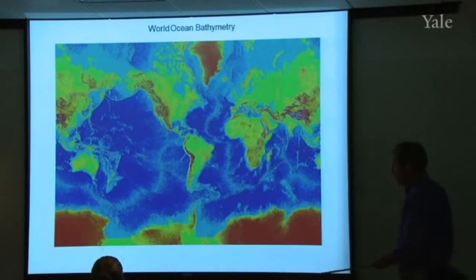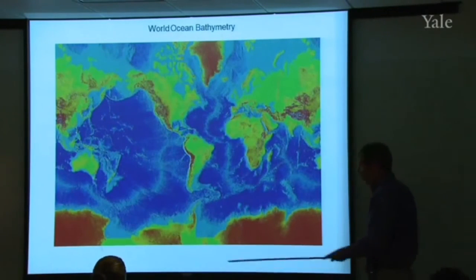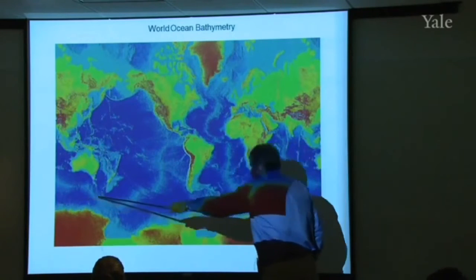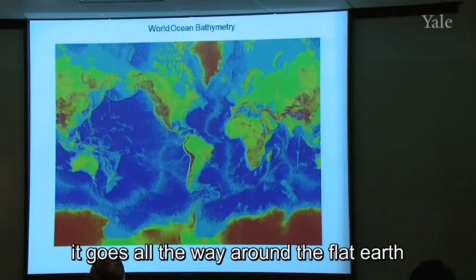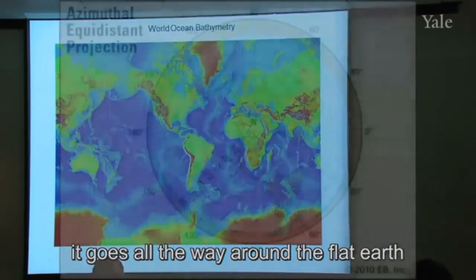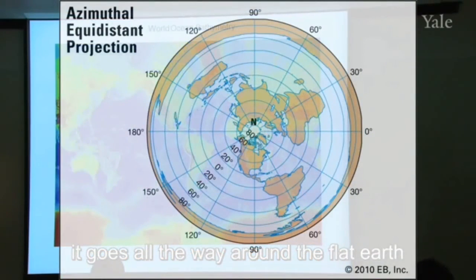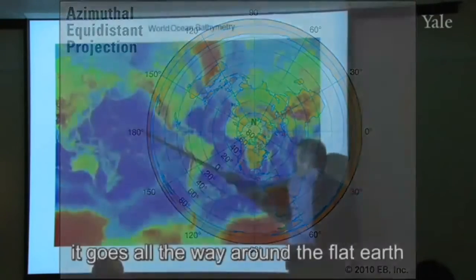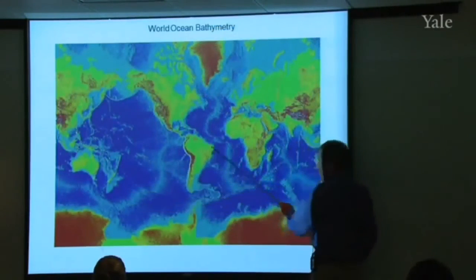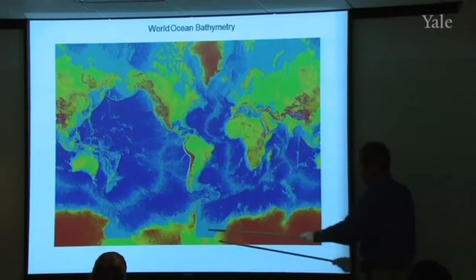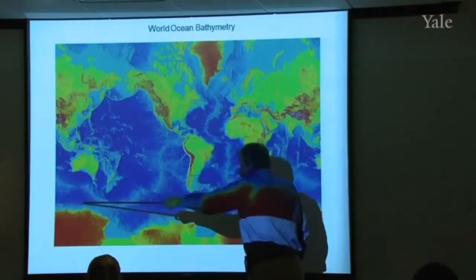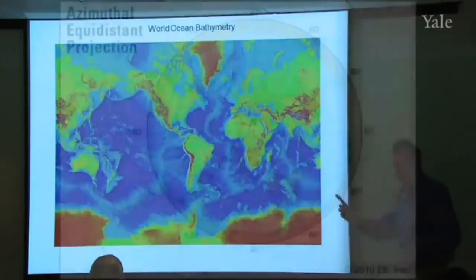And then the one gigantic exception to this is the so-called Southern Ocean. That's the term for that strip of ocean that goes all the way around the globe. If you go far enough south in the Pacific, you join onto it. The Atlantic, you join onto it. The Indian, you join onto it. And as we'll see, you can have ocean currents here that go right around the globe.